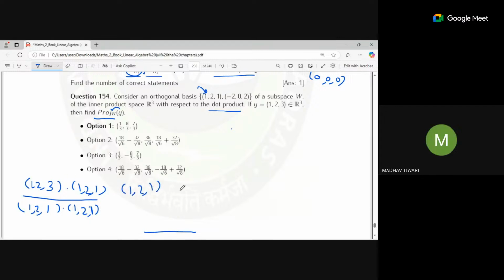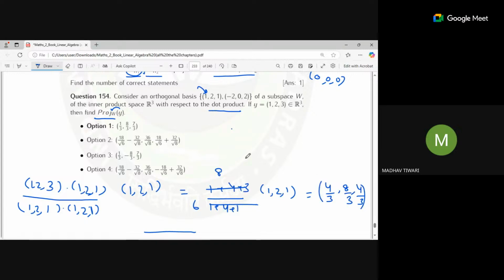So if I do the dot product, I will get 1 plus 4 plus 3, and below it 1 plus 4 plus 1. So this will be 8 and this will be 6, so 4 by 3 it will be. So I can say that 4 by 3, comma 8 by 3, comma 4 by 3.